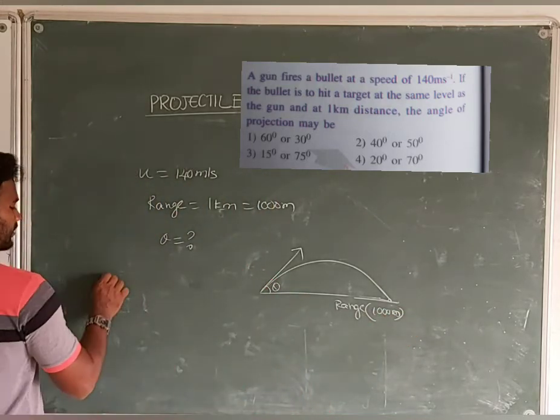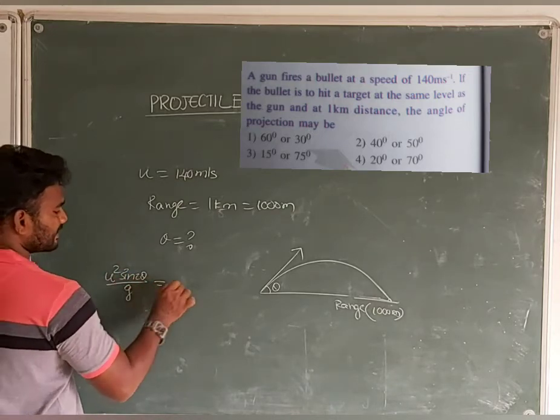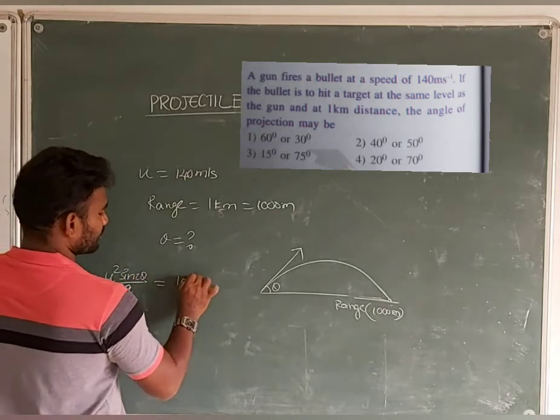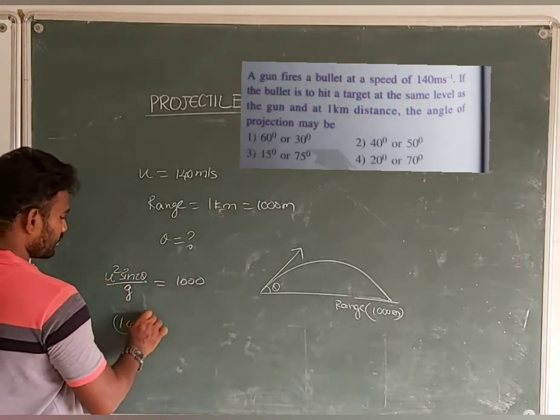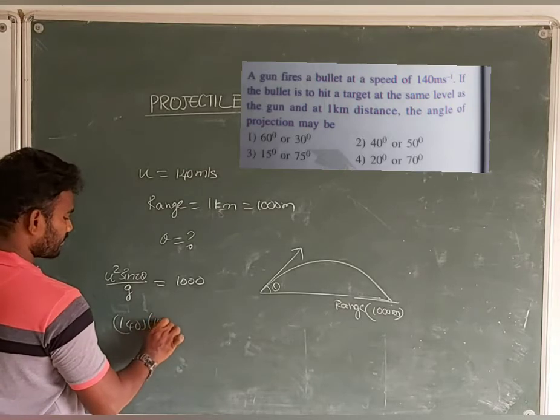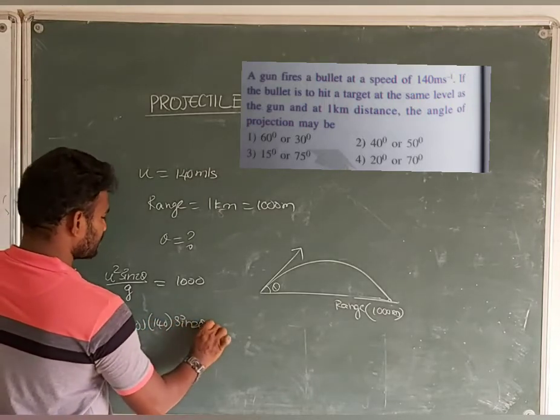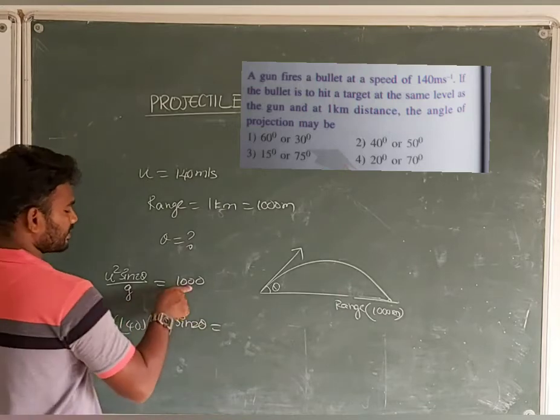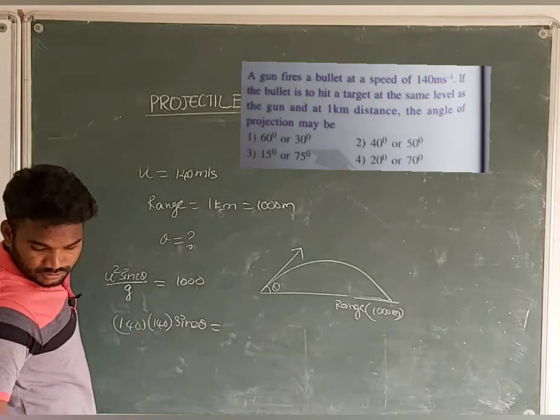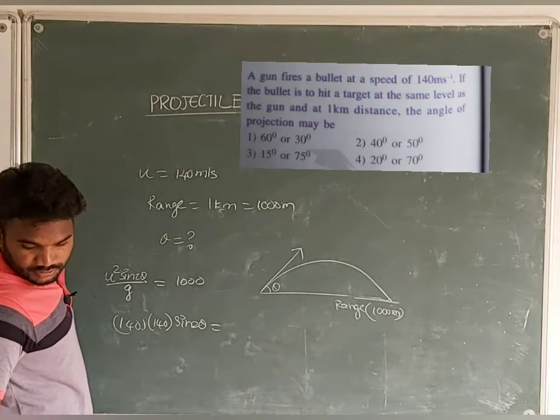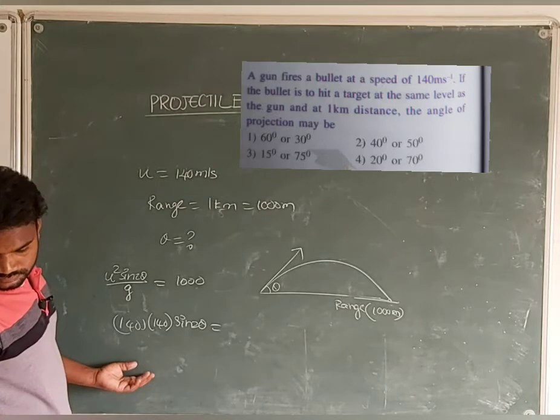So what is the formula? u square sine 2 theta by g is equal to 1000. u square means 140 whole square, that is 140 into 140 into sine 2 theta is equal to, send this side. For g you can take 9.8.